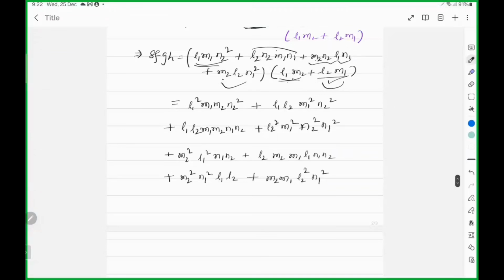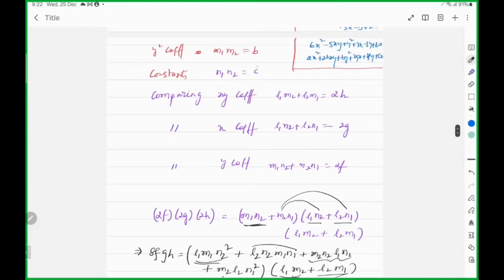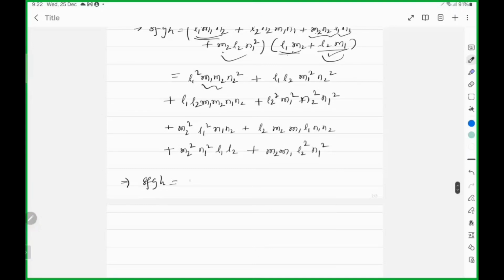Now here 8fgh: M1M2 is b, L1²N2², where else N2², here L1L2 is a and N2². Here L1L2 is a, M1M2 is b, N1N2 is c.